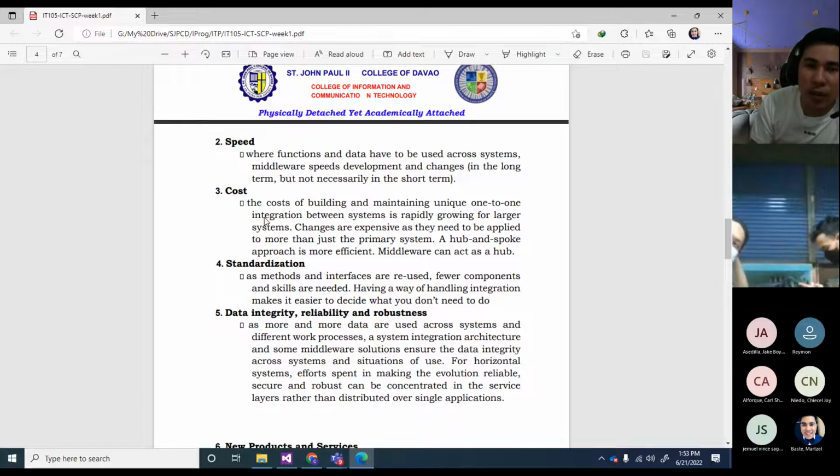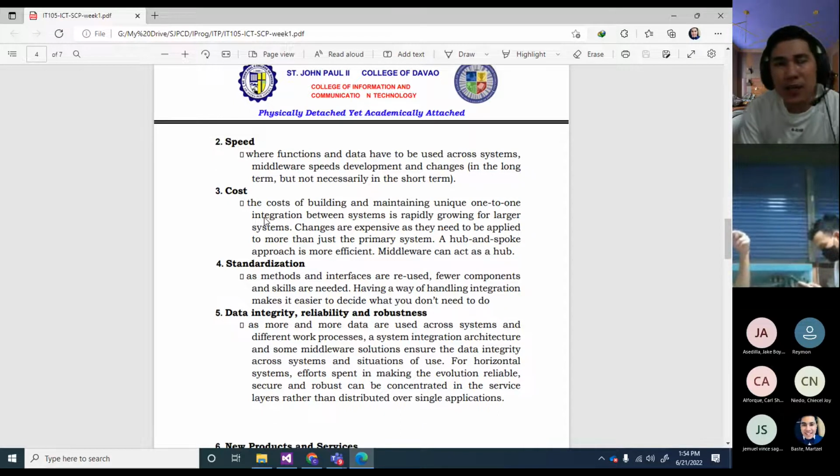In terms of speed, the quality and speed of software is going to decline, and that's normal. Even if we have the most powerful processor in a cellphone today, in the future it will become obsolete, and it will no longer be the fastest in terms of speed. So that's number two.